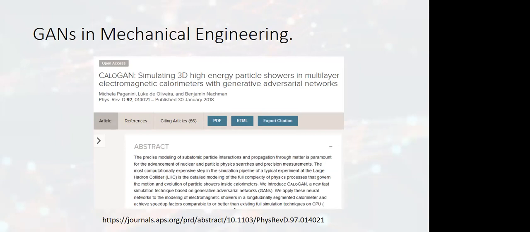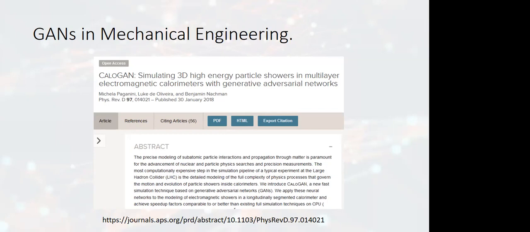CERN has all these experiments where they bombard particles together and identify how the atoms are being split. They are backed up by a lot of computational simulations, and the simulation of particles inside a calorimeter is the bottleneck which takes the most time. These authors proposed a framework using GANs to accelerate these simulations.